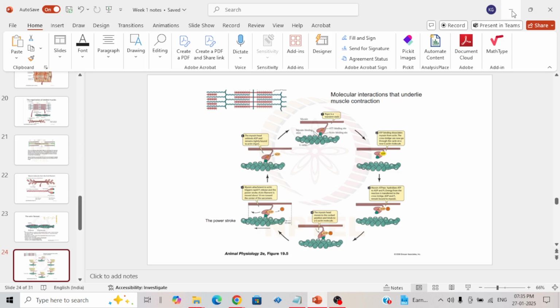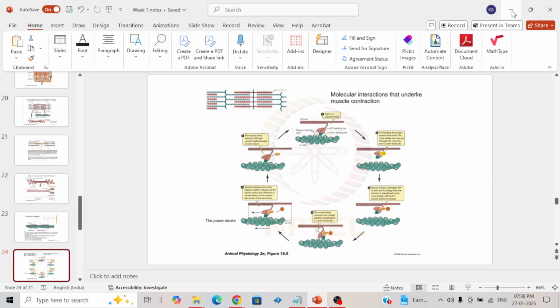Okay. And then after the power stroke, ADP is also released from the ATP binding site. Now, this myosin head is still bound to the actin, but it doesn't have the energy to get released from this actin binding site. So it will stay in that position only.